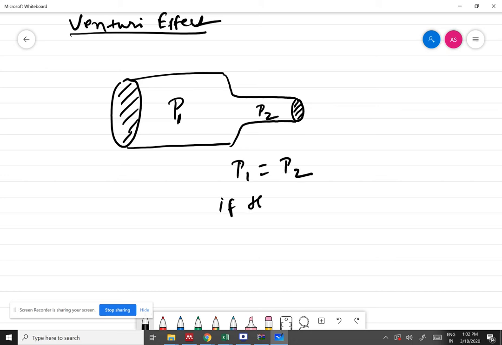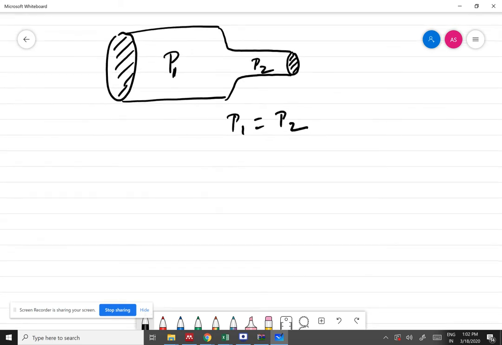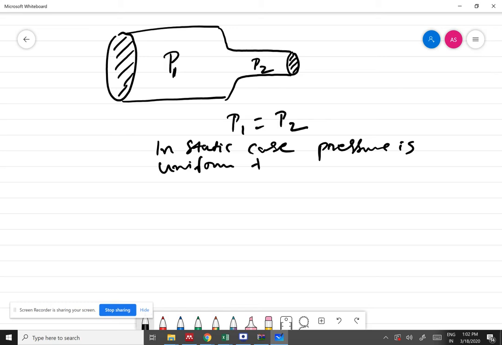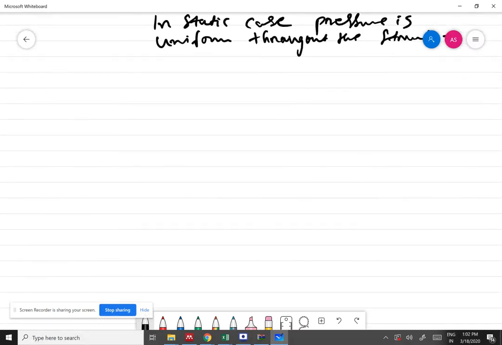In the static case, if there is no movement in the fluid, pressure is uniform throughout the structure. The structure can be anything, something of this sort.